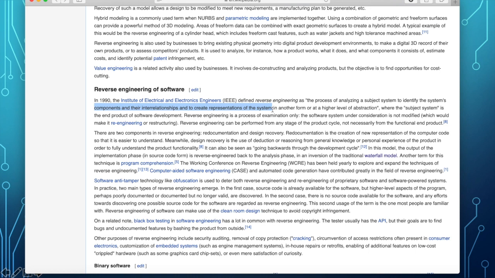So the keywords here are we'd like to identify the components and their interrelationship, so we can represent the system in another form, and in our case, we want to extract the abstract representation of this software.